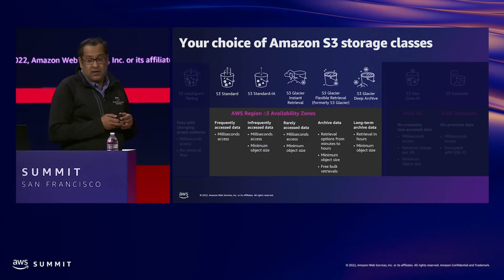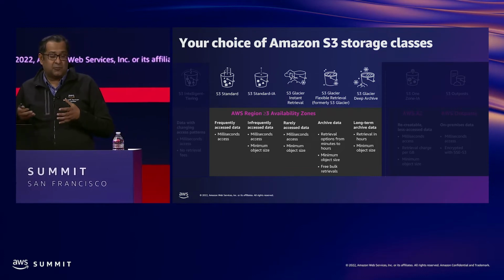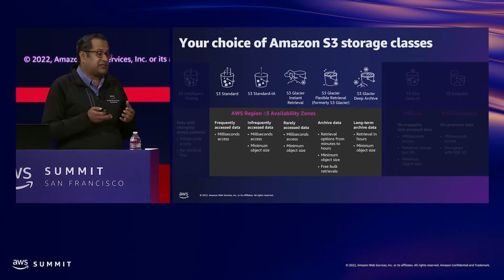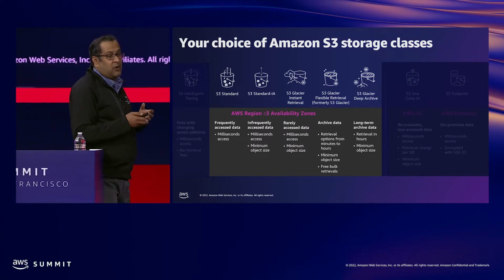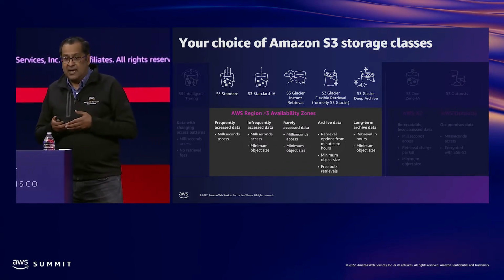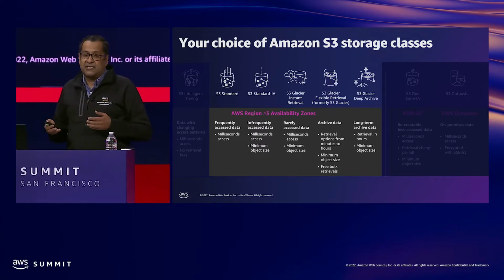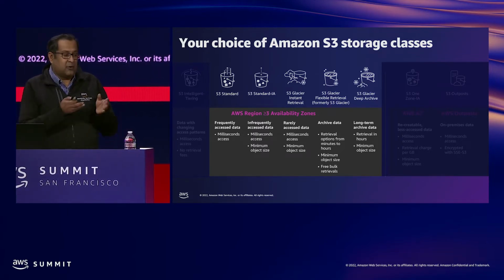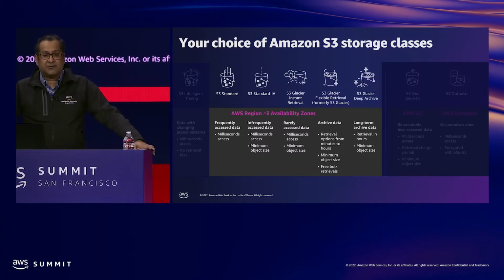These are what I would call the other storage classes, which are often used by our other customers. These are our storage classes which are in 3 or more availability zones. And they all have different characteristics, and you use them depending on what your workload looks like. So again, going from left to right, we have S3 Standard.